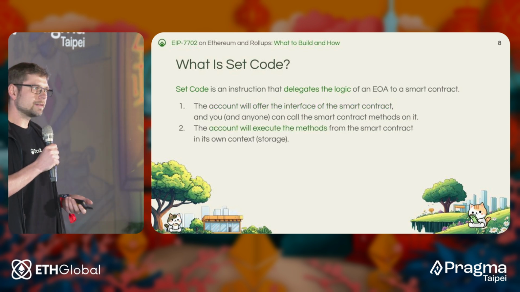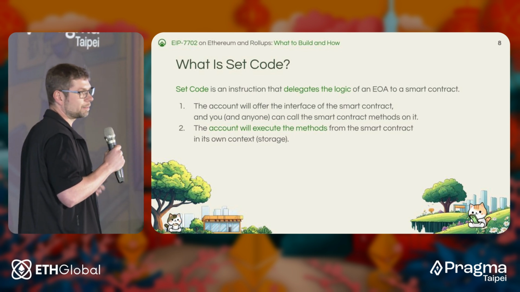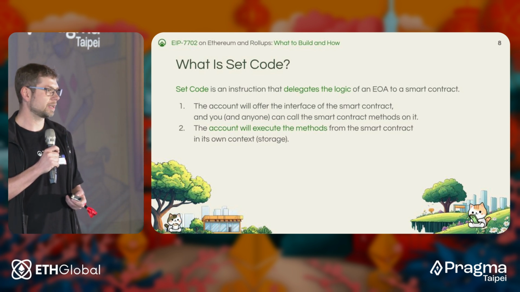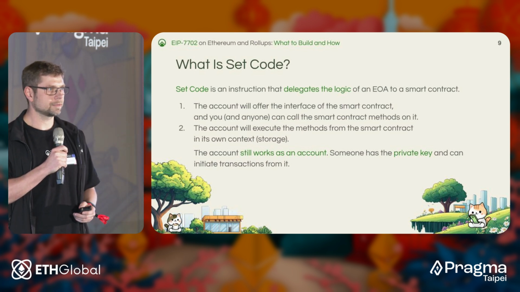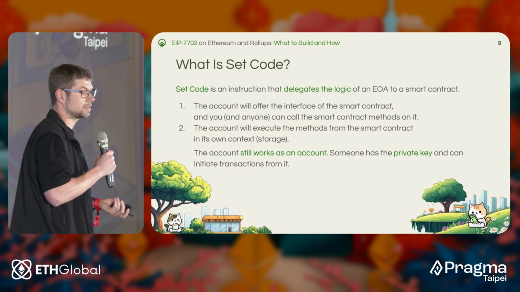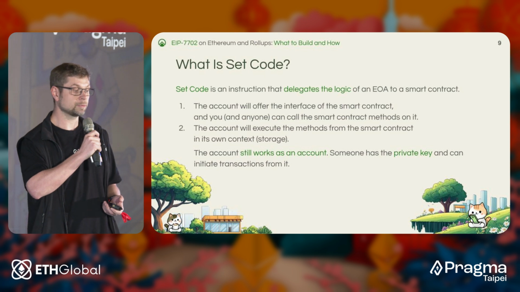And the account itself then will be executing those functions in its own context. So it will be updating its own balance, it will be updating its own storage, and so on. But at the same time, it will still be an account. So you will have the private key, and you can initiate transactions directly from this account. So this is what EIP 7702 does.